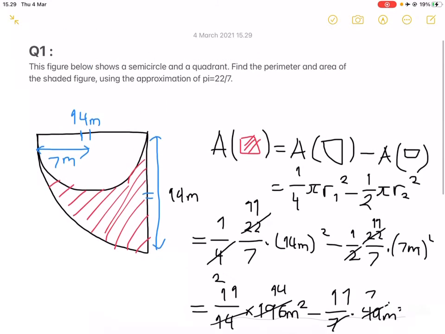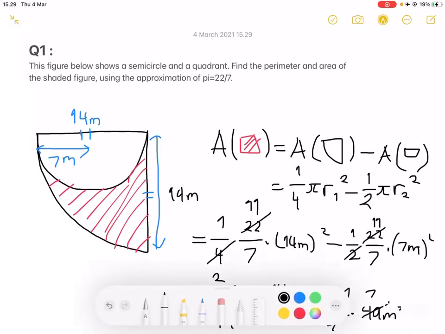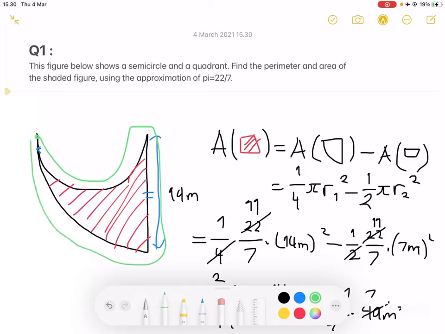Alright, for the perimeter, I'm just going to use some space and erase this part right here, because I'm just going to focus on the shaded part. So think of it like this. You are standing on a random point on the perimeter of the shaded area. You're going to travel all around this shape, whatever the shape is, and go back to your original place.